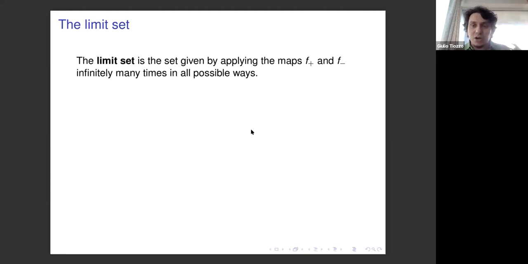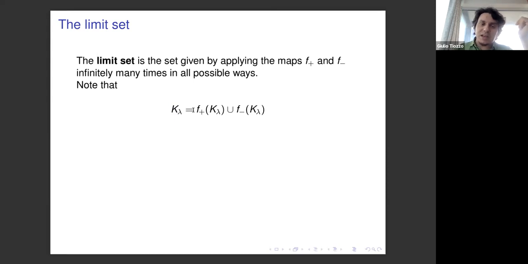You take the closure of it and you get this complex set, which could be interesting. At this point, we're going to use this notation K lambda. The limit set will be denoted by K. Usually in mathematics, we denote compact sets with K. So this is K lambda.